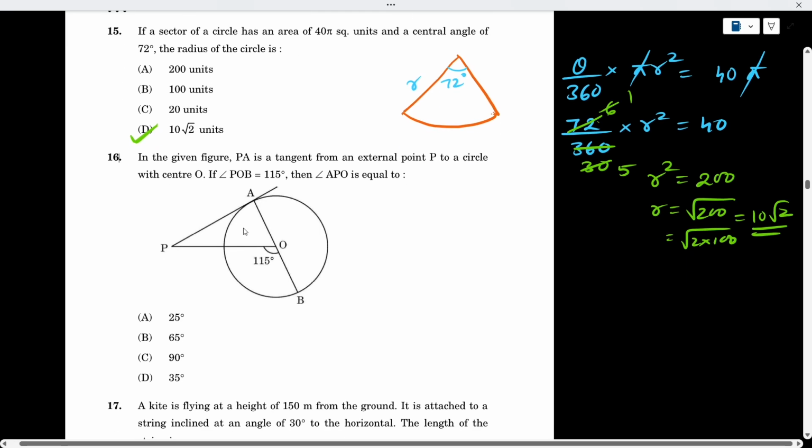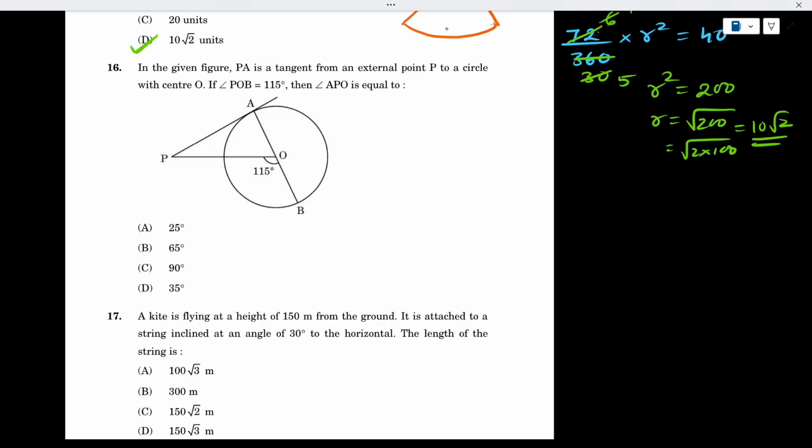Now question number 16, it is from circle. What does it say here? In the given figure, PA is a tangent from the external point P to the circle with center O. If angle POB is given as 115 degrees, you need to find out angle APO. What is angle APO? This angle you need to find out. Now if you see here, this is looking like a triangle, right? If I can get the two angles of this triangle, I can find out angle APO.